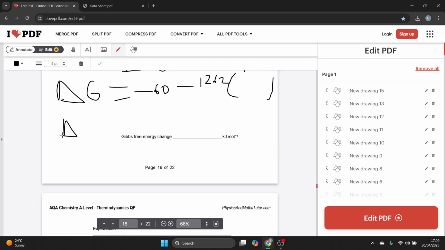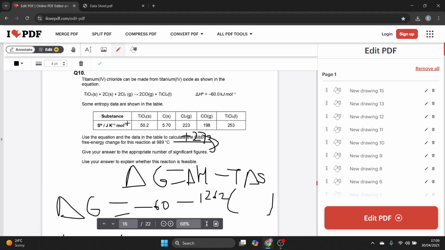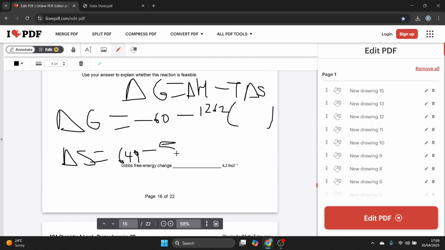You're going to have to show the working out as well. 649 minus 50.2 plus 2 times 5.70 plus 2 times 223, 507.6. 649 minus 507.6. But remember, that's in joules K to the power minus 1 mol to the power minus 1.